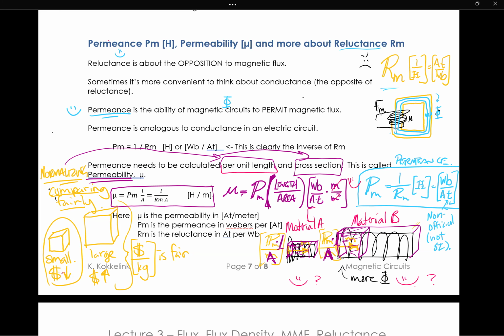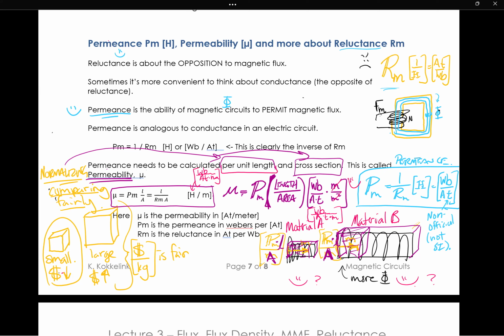So our units are going to be Webers per amp turn meter. And we have to remember that a Henry is a Weber per amp turn. So it's a Weber per amp turn times meter, our units for permeability.